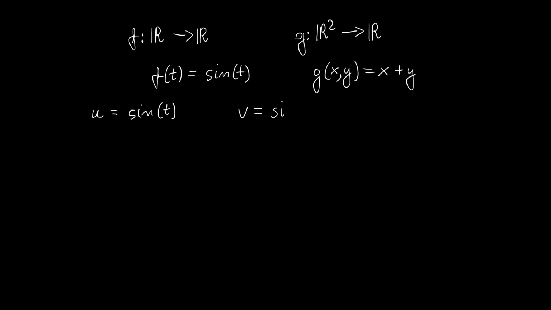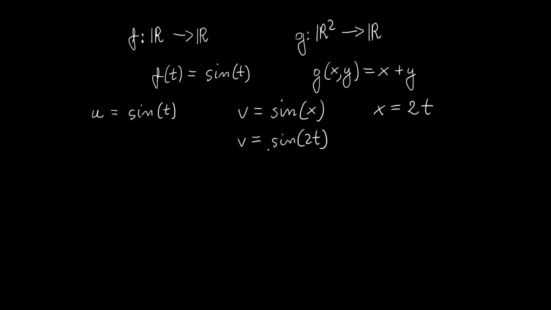If you have a value v which depends on x, and then x depends on t, we write it in a way, sine of 2t if we want to substitute, and then v depends on t.